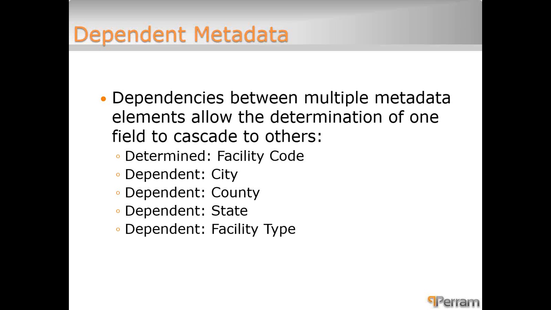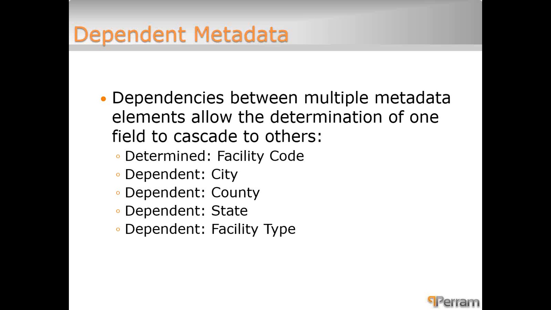type of processing when we're looking at metadata is the dependent metadata. Dependent is very similar to inheritance in that we're looking at a relationship between two fields or two variables. But with dependency, it's a little more complicated because there may be other things in the mix, so it's not as simple as a straight inheritance of "if it goes here, all of these fields get applied." An example of dependency between metadata would be if we can identify the facility code associated with a particular document.